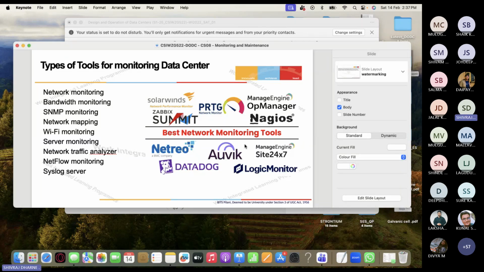It's a cloud-based infrastructure monitoring and observability platform, and it is used for data centers, networks, servers, cloud environments, storage, applications. So it is very widely used. What problem does LogicMonitor solve? It can give information about hundreds of switches and thousands of servers.